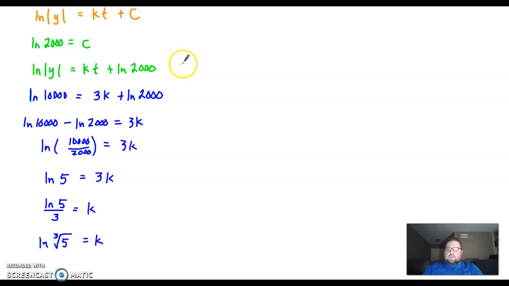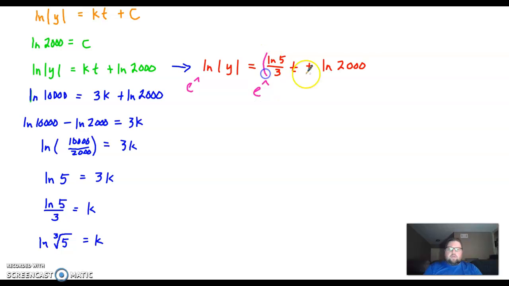All right, so let's plug this in right here. So we have the natural log of the absolute value of y is equal to the natural log of 5 over 3 times t plus the natural log of 2,000. All right, so now we're trying to get y by itself. So we're going to exponentiate both sides. And again, remember on this side, we're getting both of those terms as the exponent there.